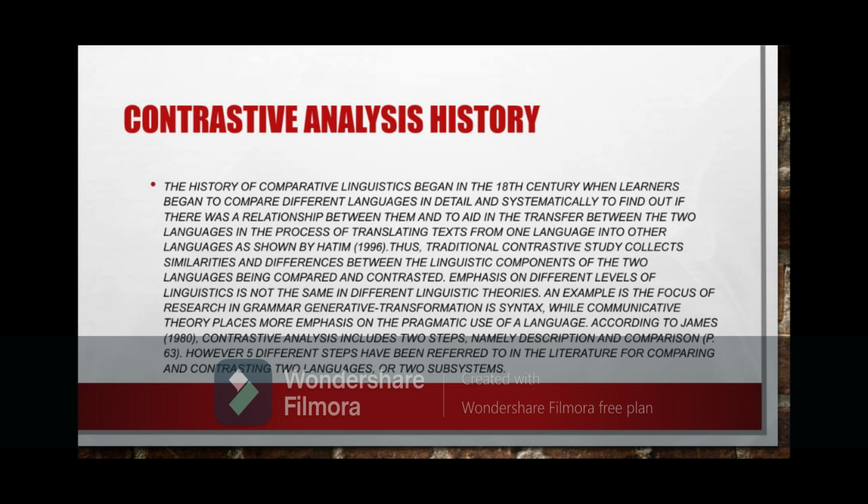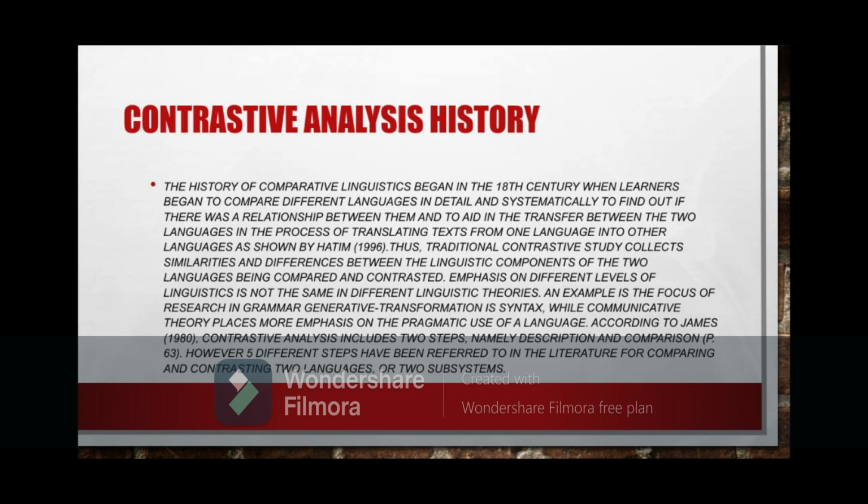The first, selection: the analyst must select certain features of the target language that are potentially difficult for the learner, then compare and contrast those features with parallel features in the learner's native language.